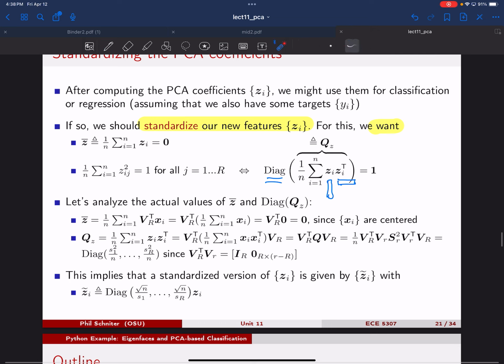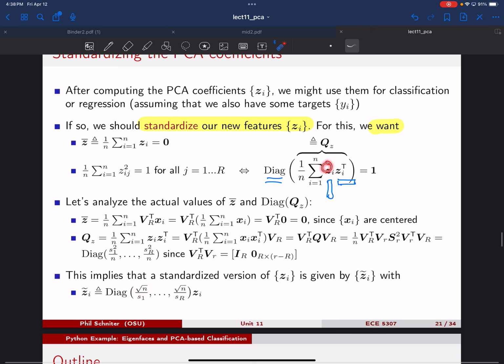So this is what Q_Z is. If I divide an element of z by one of these s's, that has the effect of dividing Q by that s squared. So in order to cancel this out, I just divide that element by s_1. Meanwhile, in order to cancel the n, I multiply the element of z by root n.